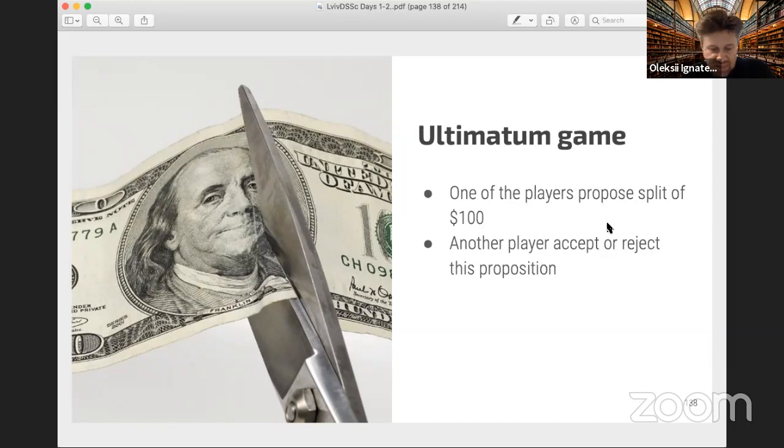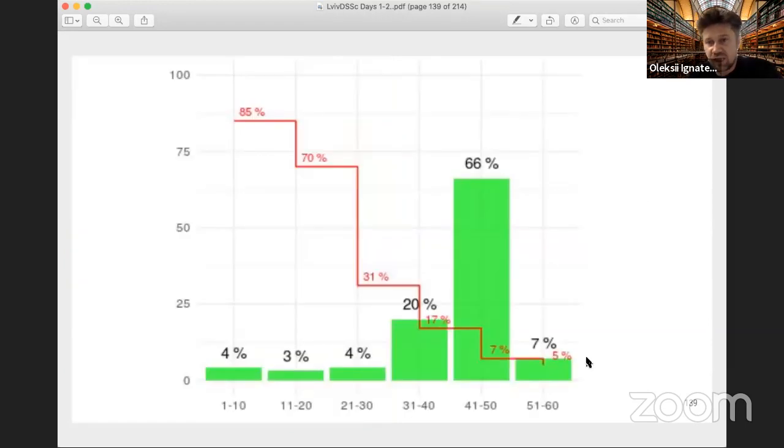And game theory proposes that if someone proposes a split of $1 for you and $99 for themselves, then you should accept, because $1 is better than nothing. But in reality, that almost never happens.